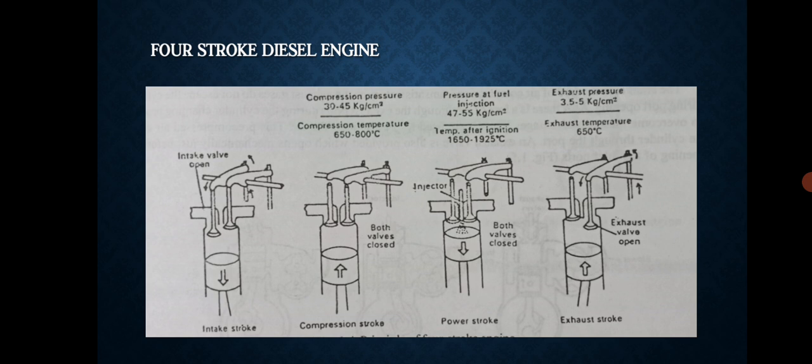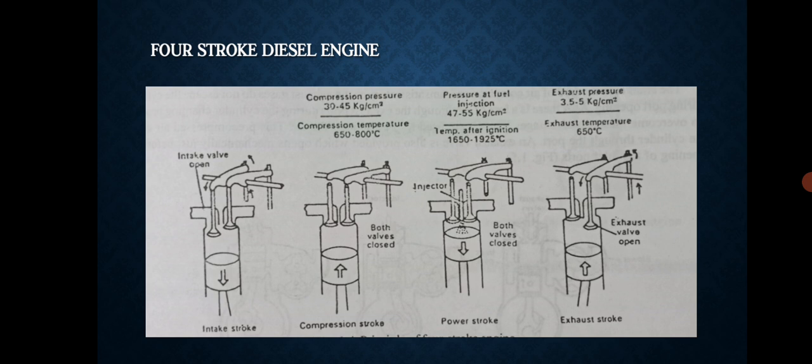As the air is progressively compressed in the cylinder, its temperature increases until near the end of the compression stroke, it becomes sufficiently high, that is 650 to 800 degrees Celsius, to instantly ignite any fuel that is injected into the cylinder.